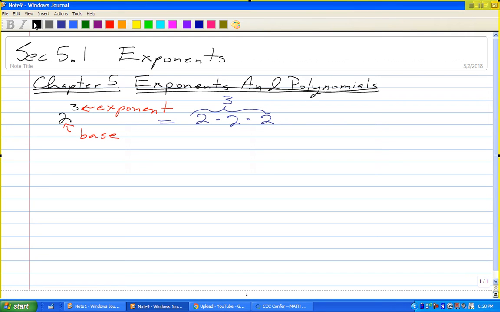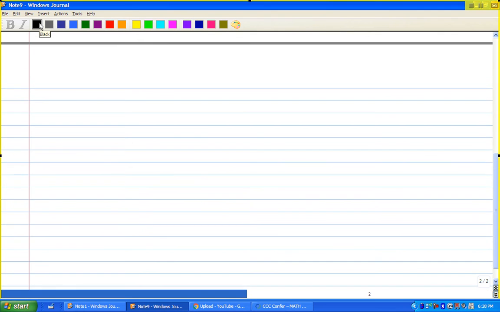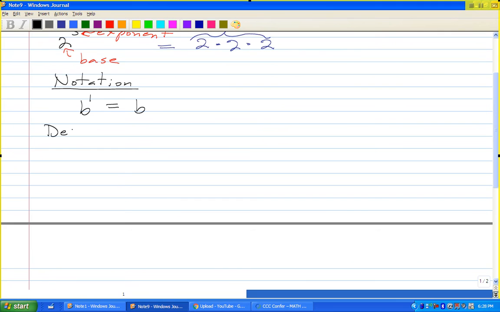So let me give you the definition, well, let me first give you a notation. If I have any base, then a base to the power 1 is just the base. Now let me define bases to some whole number exponent.